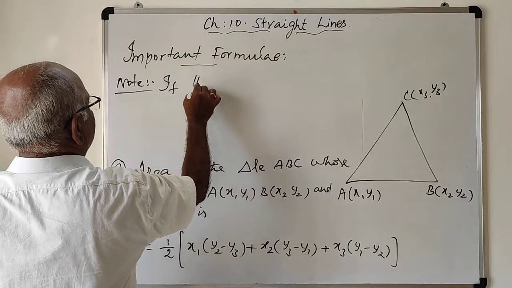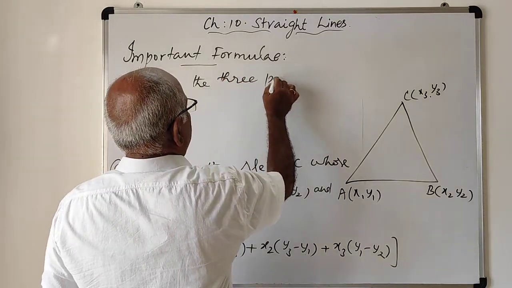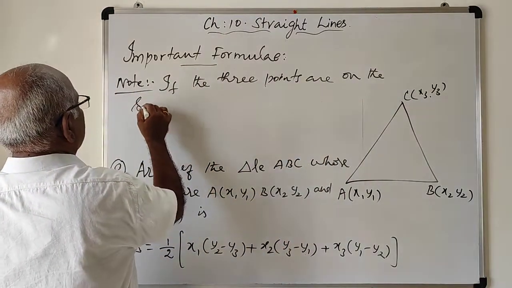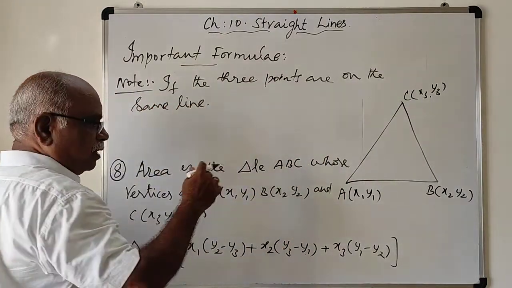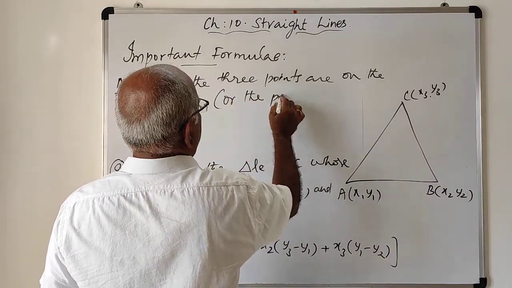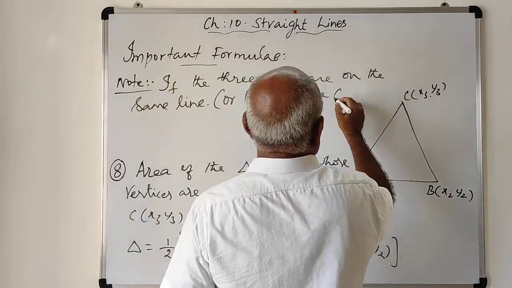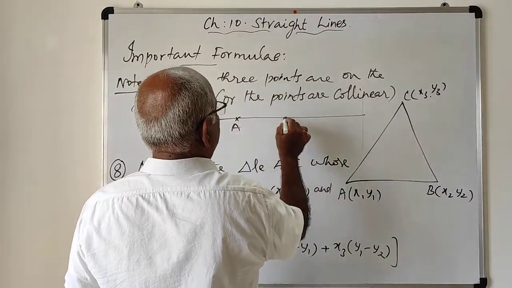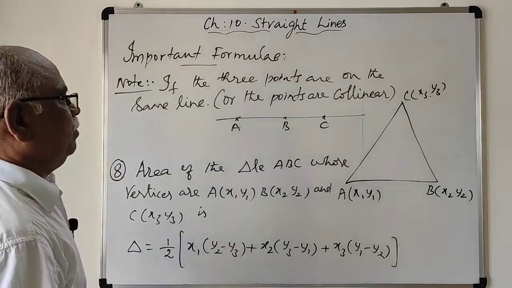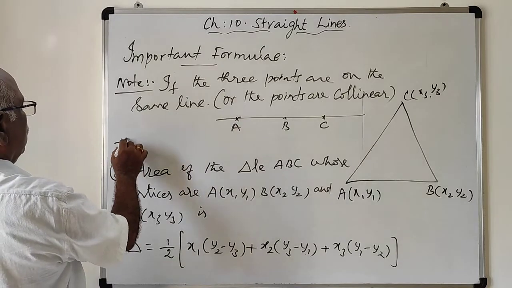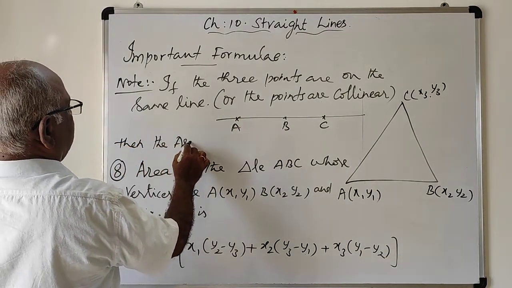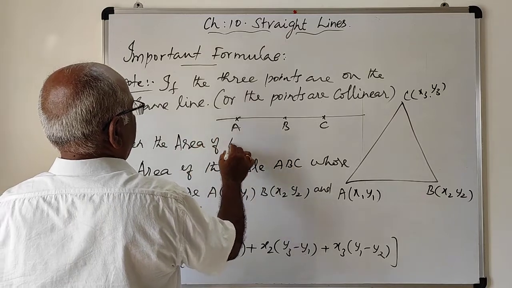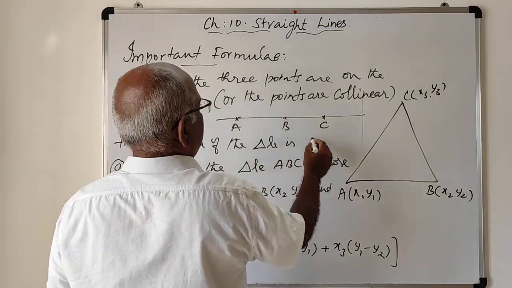If the 3 points are on the same line, or the points are collinear, that means A, B, C, all the 3 points lie on the same line, then the area of the triangle is 0.